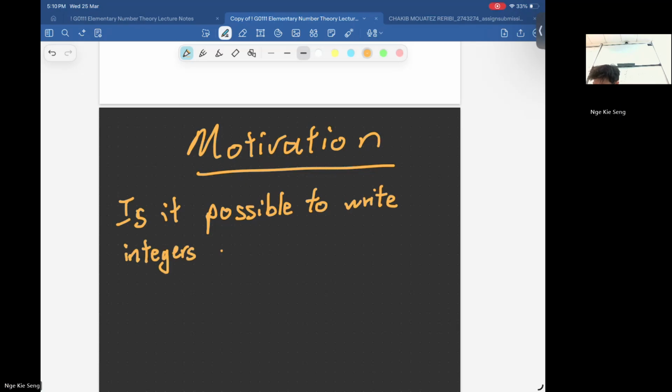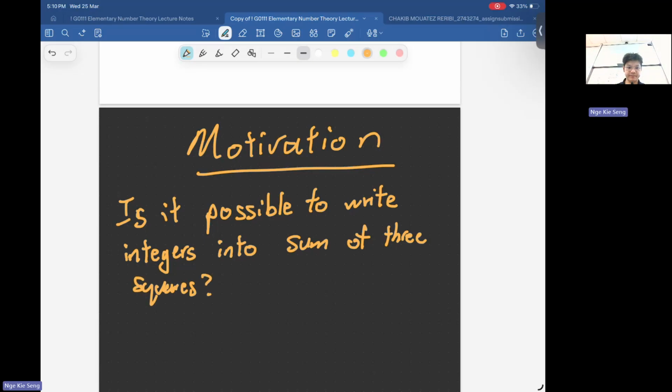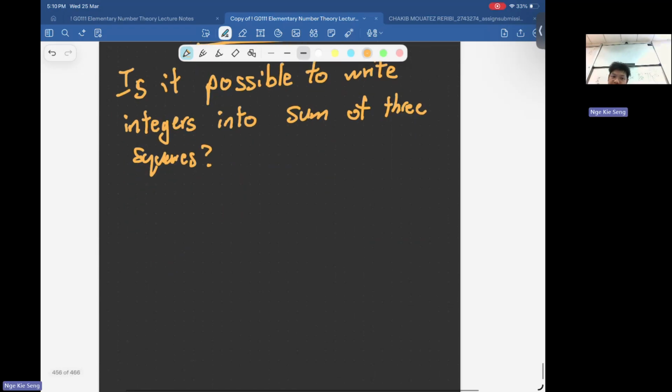Can we write every integer as a sum of 3 squares? I mean, you could, but then it is quite restrictive.